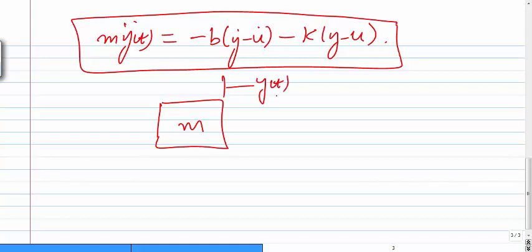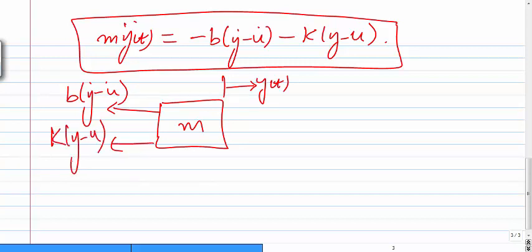If they are moving in this direction, we have some opposing forces in the opposite direction, and that force is due to the damper, that is b times y dot minus u dot, because they are between y and u. Similarly, k times y minus u. Okay, so when we write it, this is the free body diagram. So from here we can easily write the equations.